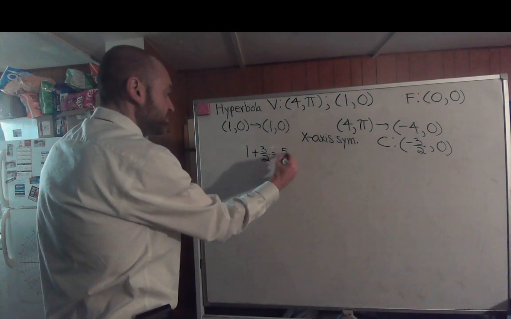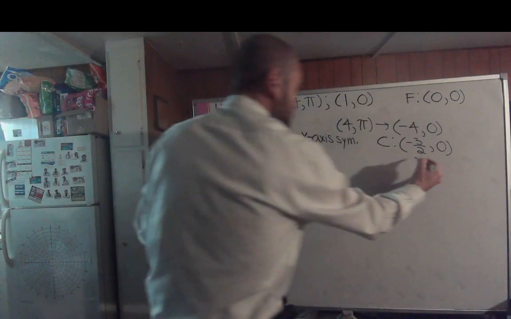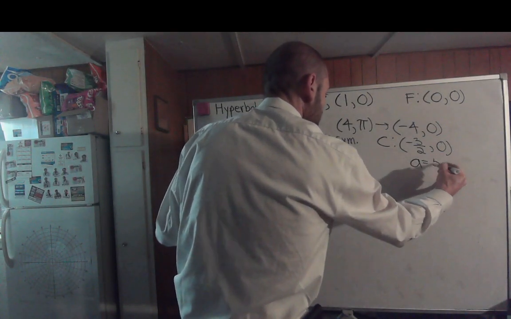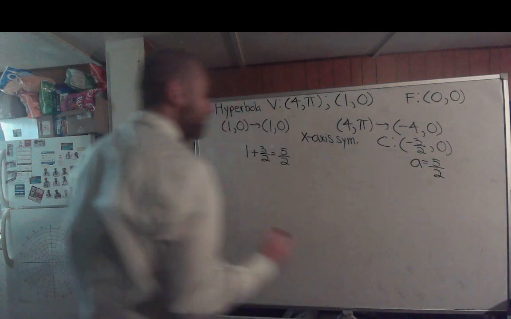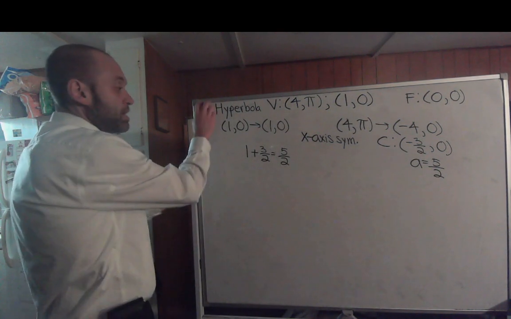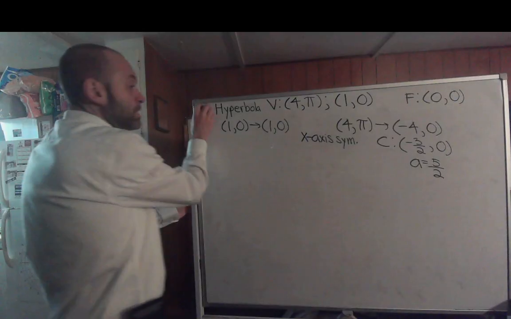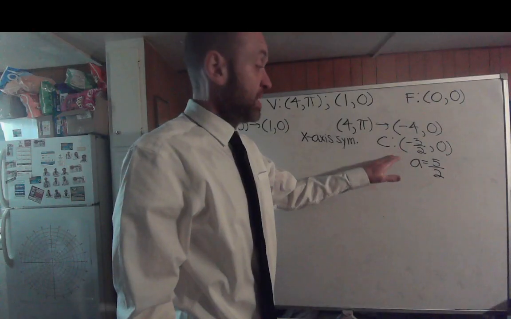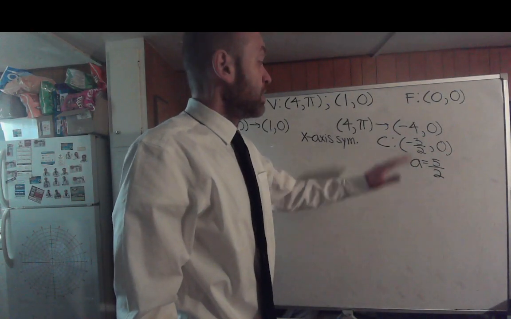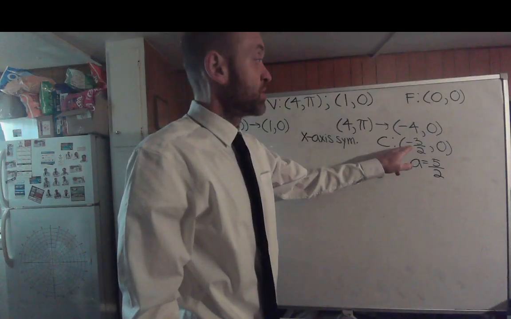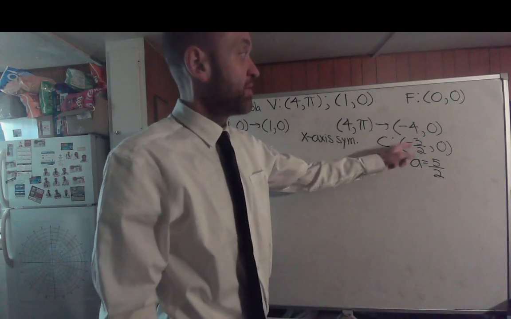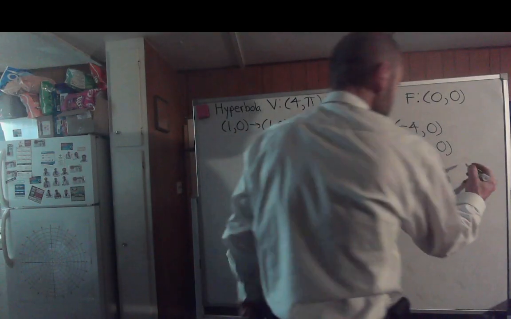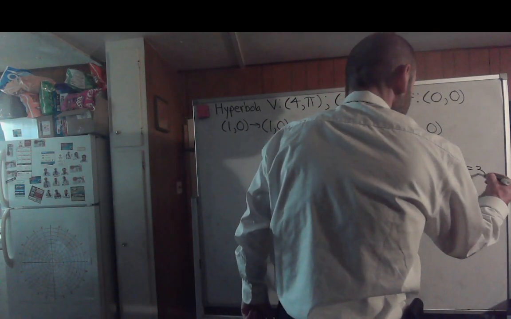You would actually have a distance of 5/2. So that means a has to equal 5/2. Alright, now to find your length of c, you're going to go from the center to the focus. Well, negative 3/2 to 0 gives you a c of 3/2.